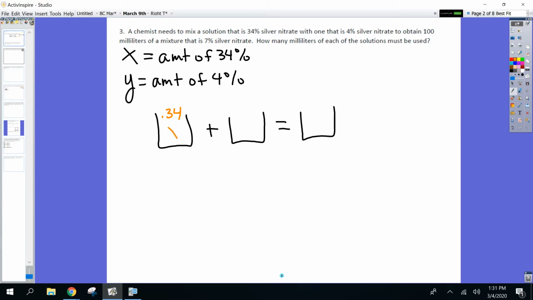X amount, right? What goes in the next beaker? Be careful here. 0.4 is 40%. 0.04 of Y amount. I'm going to mix them together and get what type of solution out? 7%, so 0.07, but you do know how much you have here.